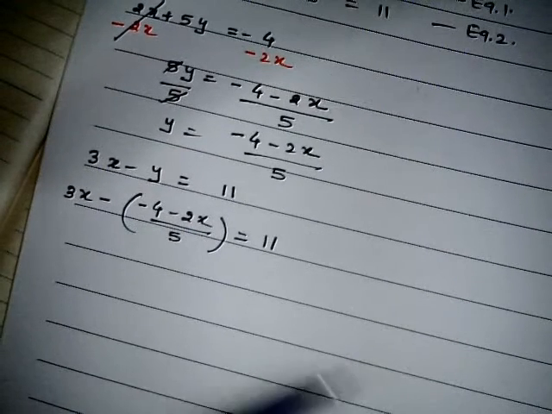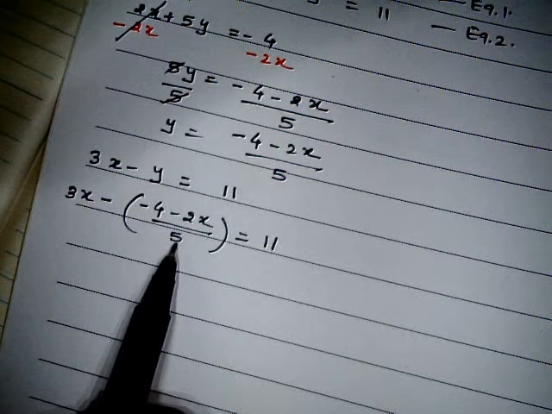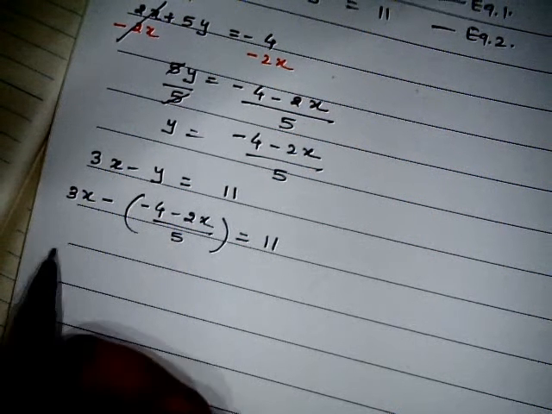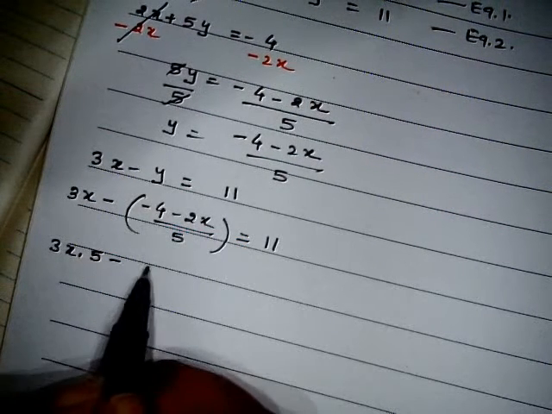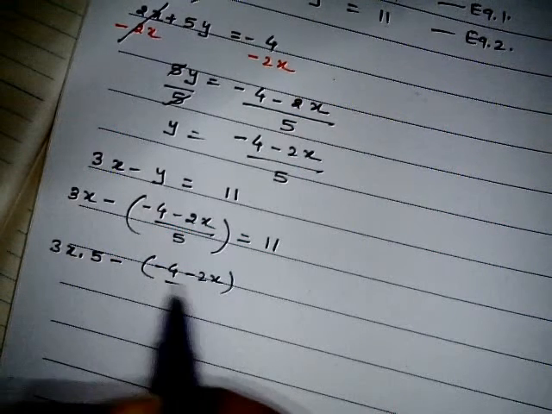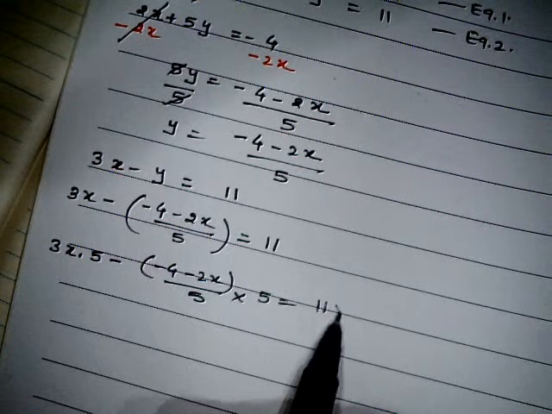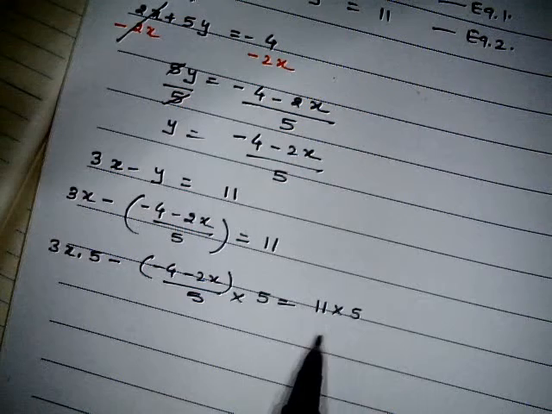To remove this 5, I need to multiply each term by 5. So you have to be careful when you are doing the calculation. It's not tough, but at the same time you can't say it is easy, because when you are doing calculation, you have to be careful.